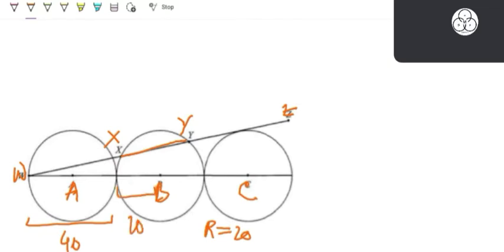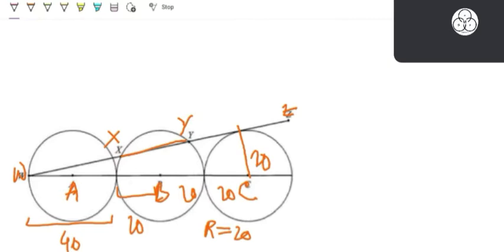This is also known. This is also 20. This is also 20. And what about this length? This is also 20. So we can just apply similarity here, right?